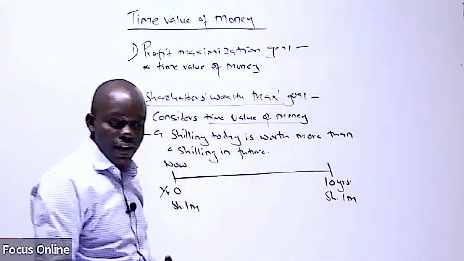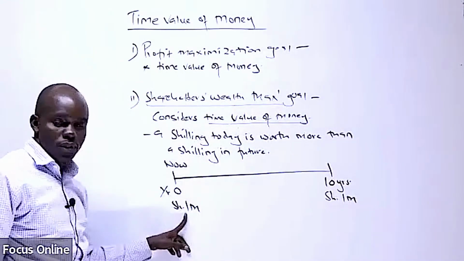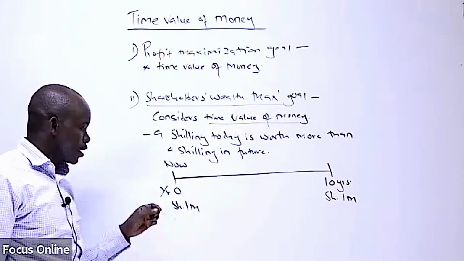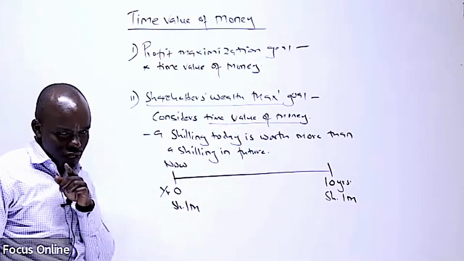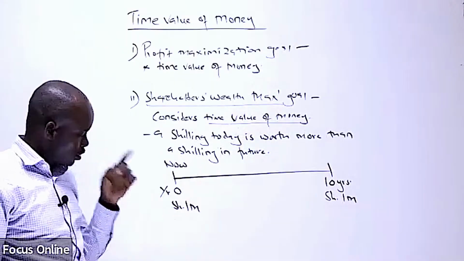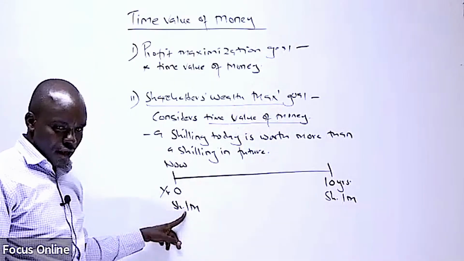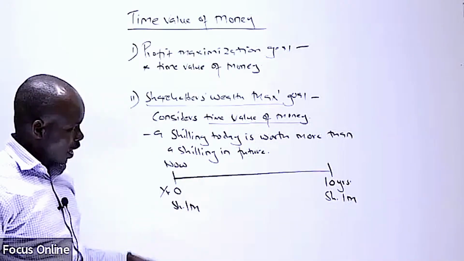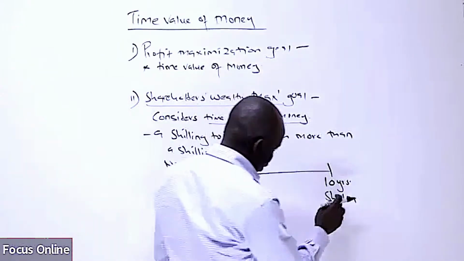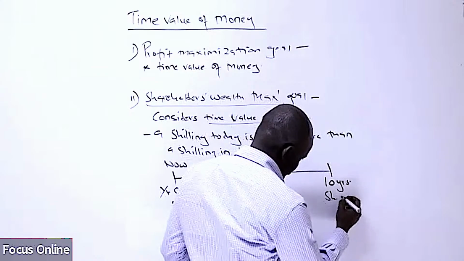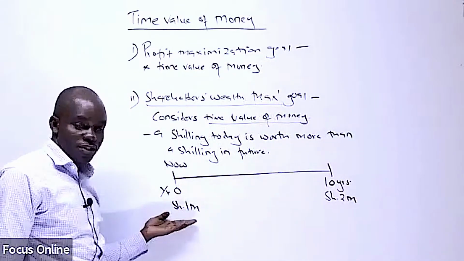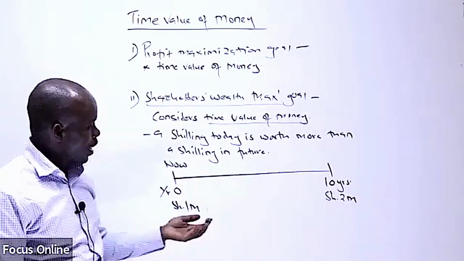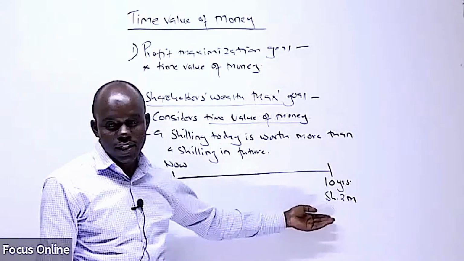We're saying the value of 1 million shillings today. If you remember what I said, assuming someone tells you that I give you 1 million shillings today, or you wait, I give you 2 million shillings after 10 years.